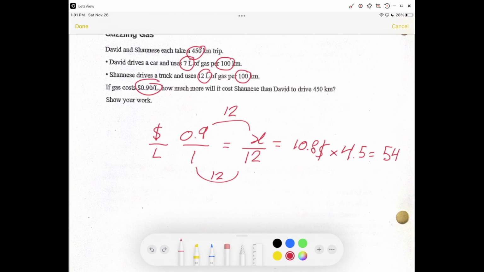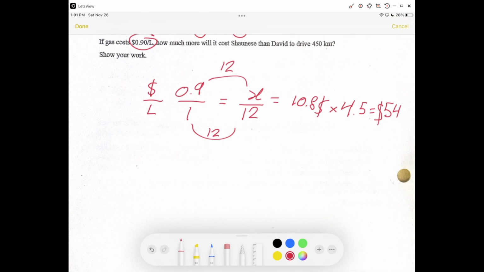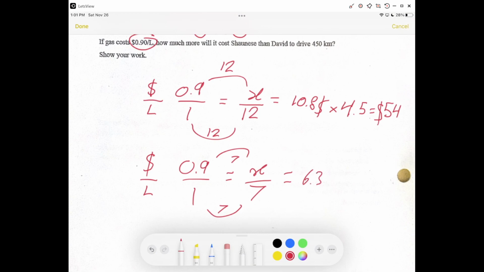Sorry, $54, right? Next, let's do David. Once again, dollars to liters, and note 0.9 per 1 liter, and David used 7 liters. So you can multiply both sides by 7, and 0.9 times 7 is 6.3.